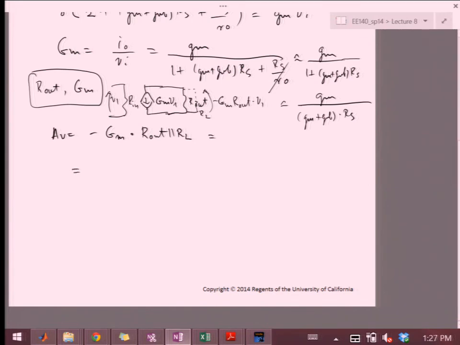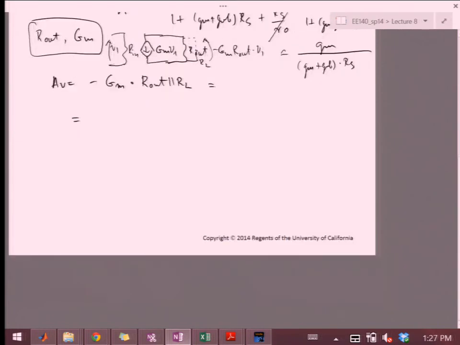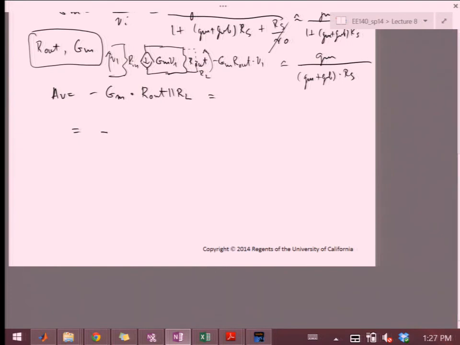And then I can go back and plug in the expressions that we just derived. So for gm, we had gm ro over ro plus Rs plus gmb ro Rs. And then we had, well, let's call this RD because that's what it was labeled. And then we have Rout in parallel with RD.